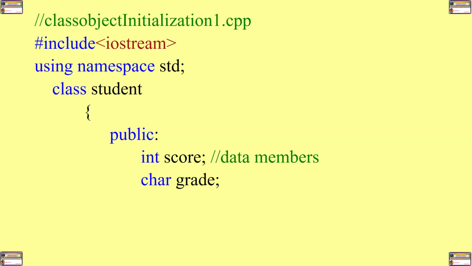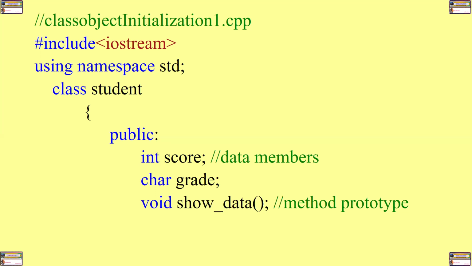And also grade, we are making it public together with the member function called showData. So we have two data members and one method member. The two data members are score and grade. The single method member is showData. And we add our definition there.